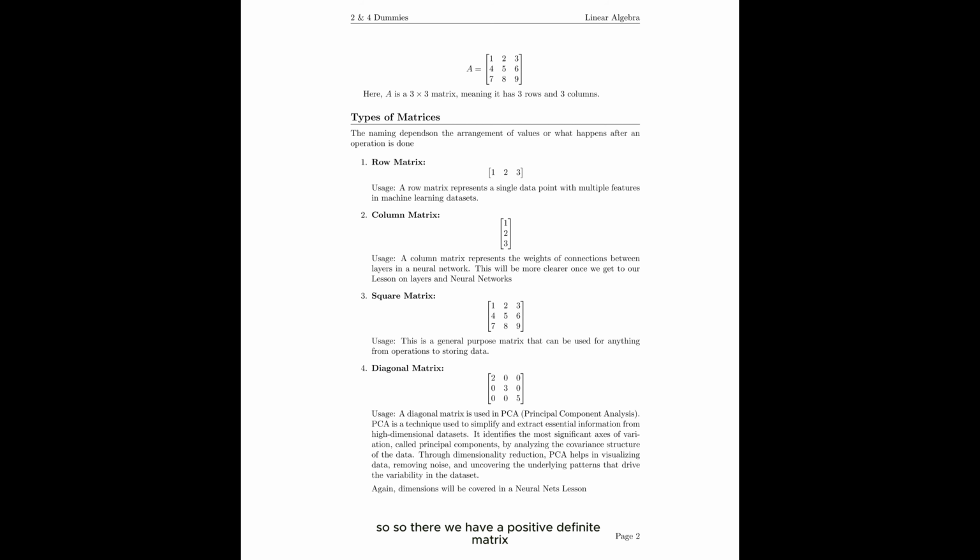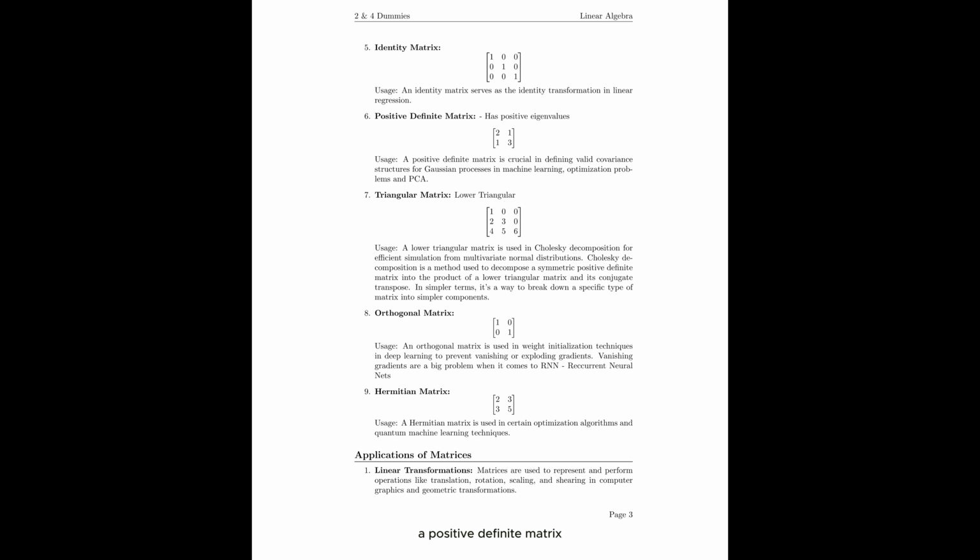So there we have a positive definite matrix. A positive definite matrix is simply a matrix that has positive eigenvalues. We can view eigenvalues and eigenvectors the same way we view prime decomposition of numbers. E.g., for the number 20, we can decompose it into primes.